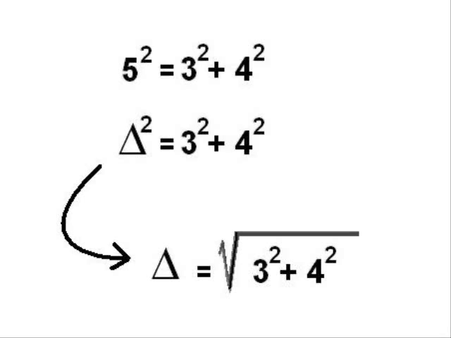Therefore, if you don't know any of those three, you can use a formula. If you're looking for the hypotenuse, for example, it would be the square root of A squared plus B squared.